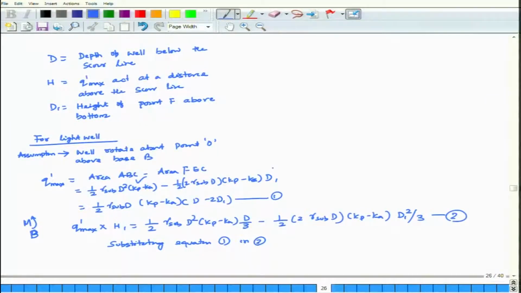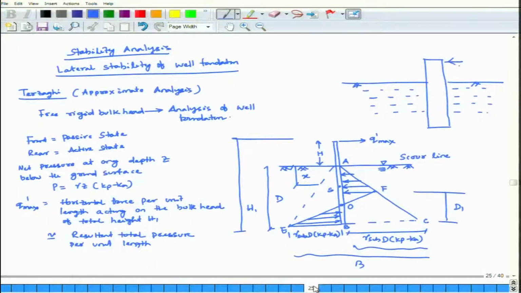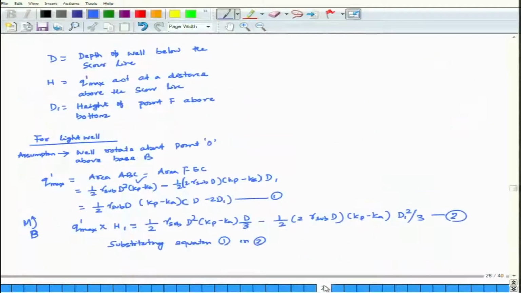Then half base into height is the area, and taking moment about B. If you take moment about point B, at the base B, then we calculate.